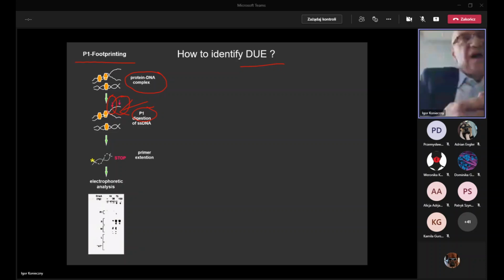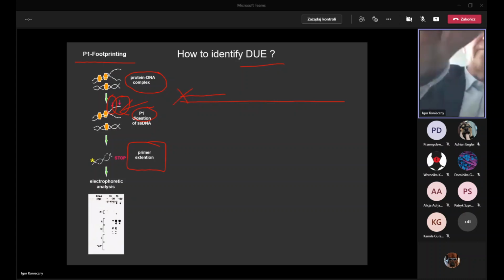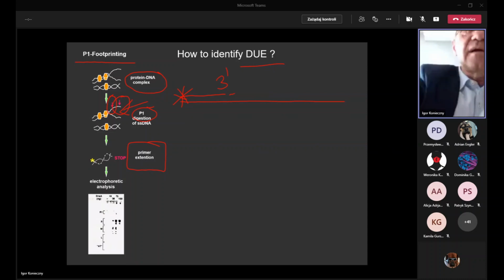After this reaction, we can perform primer extension. So what is primer extension? A primer extension reaction is when you take the template and anneal the primer. Usually the primer is labeled. It provides a free 3' end, and then you add polymerase to extend it, up to the end.